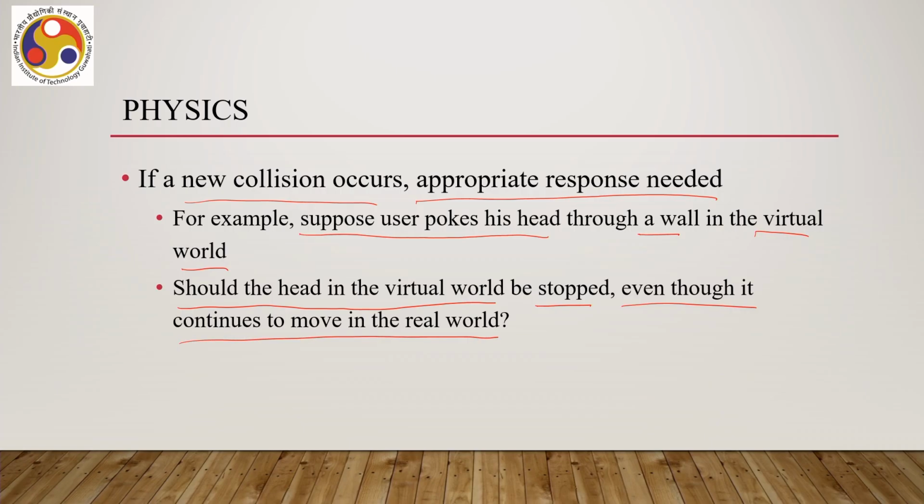Ideally, when there is a hard surface and we are trying to poke through it, then there is a collision and we are unable to poke through it in the real world. So, should the same thing happen in the virtual world, whereas we know that in the real world there is no such obstacle, no such wall, and our head is moving freely?